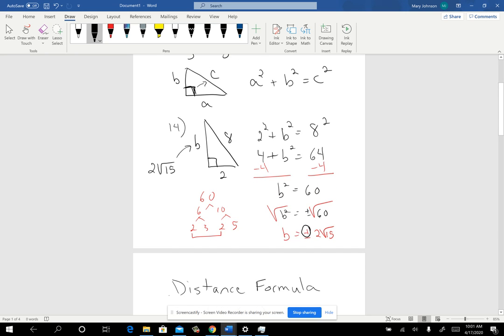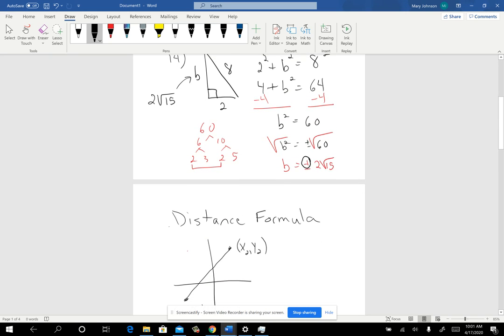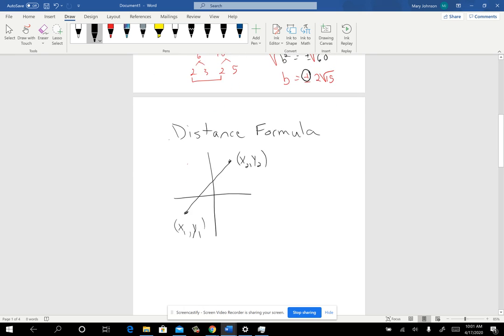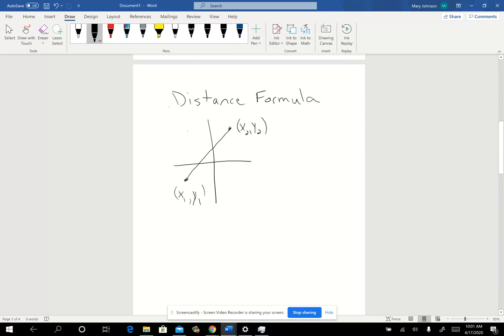Now the other application is actually going to use the Pythagorean theorem. They just write it in a different way. The other application problem is looking at how to find the distance of a line passing through 2 points. So you label the points kind of like you do when you learn the slope formula. And what we're going to do is figure out the length of this line segment right here.